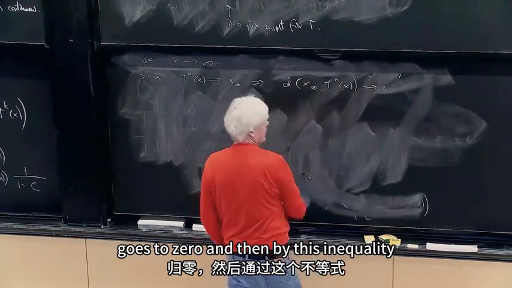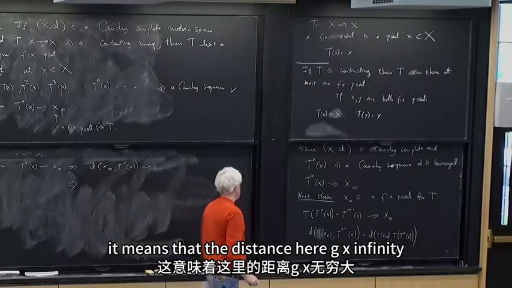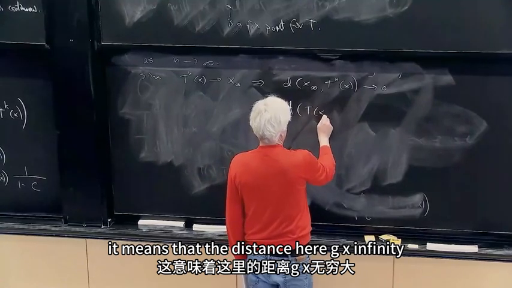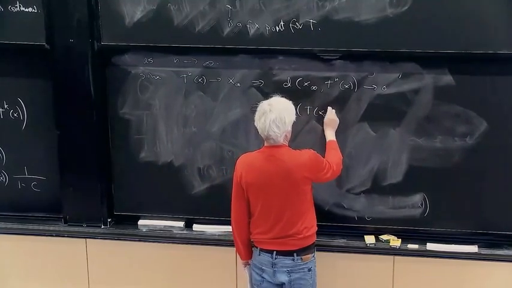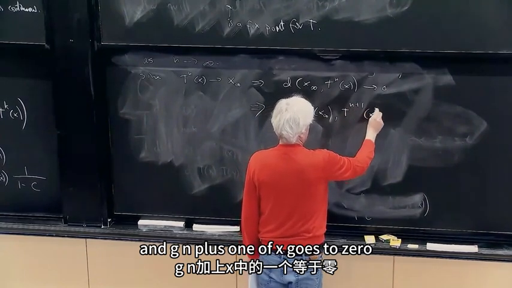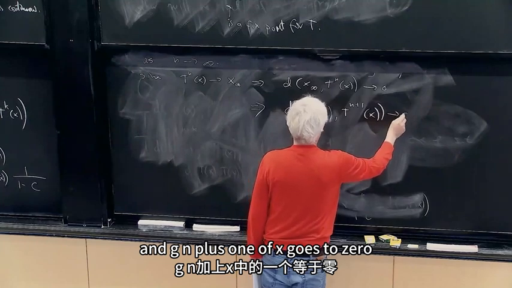And then by this inequality, it means that the distance between T x infinity and T^(n+1) of x goes to 0, right?